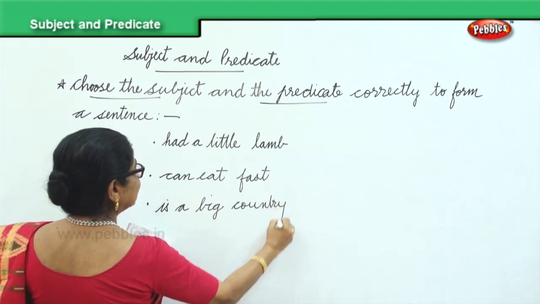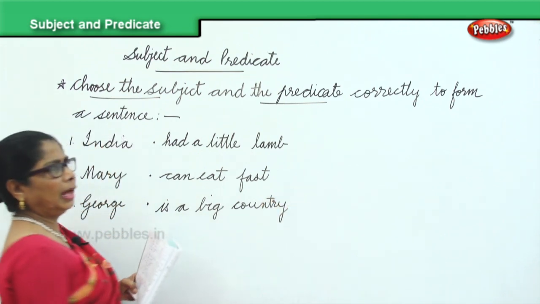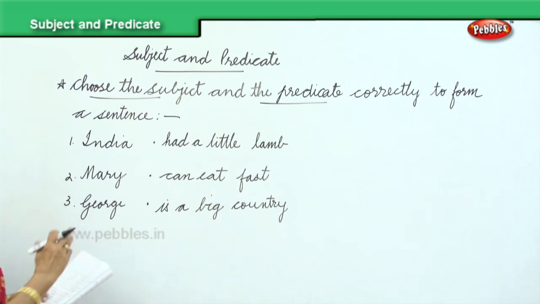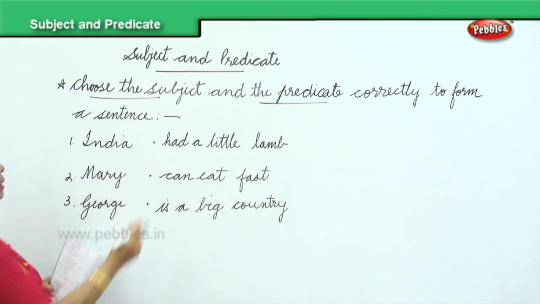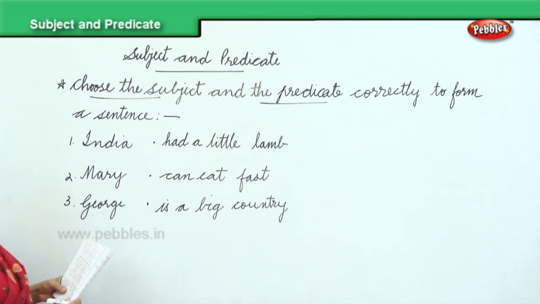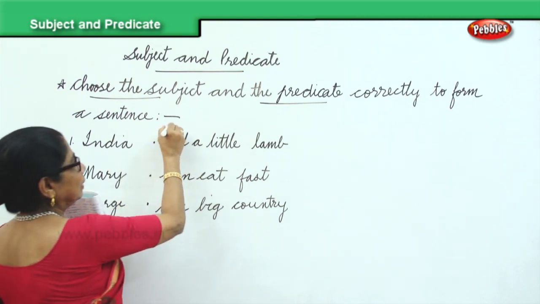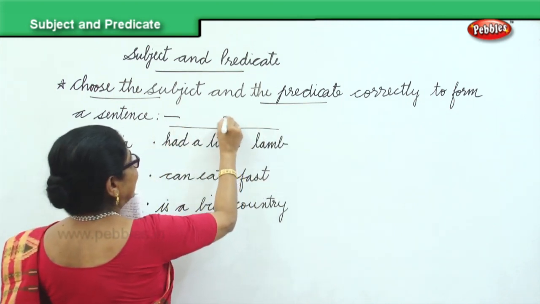Now I have two parts here, and what we are going to do is choose from here and make a complete sentence. In India, here you have the subject, here you have the predicate. The first part is the subject, the second part is the predicate.